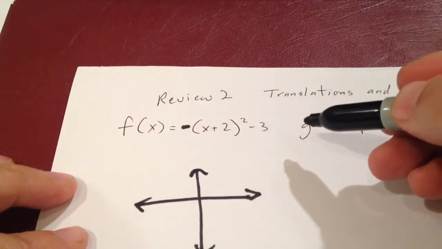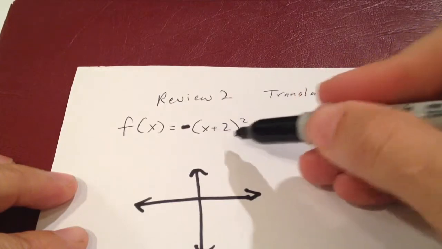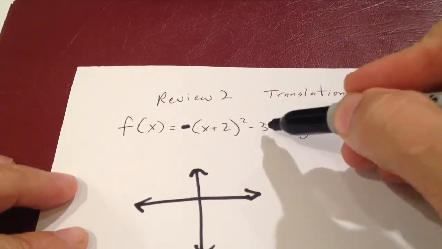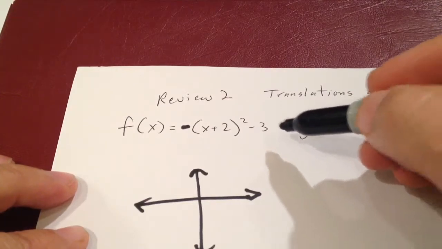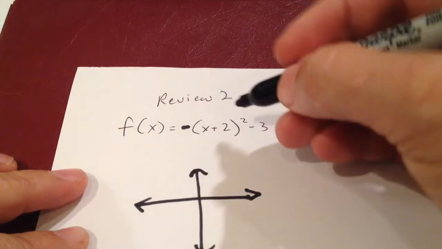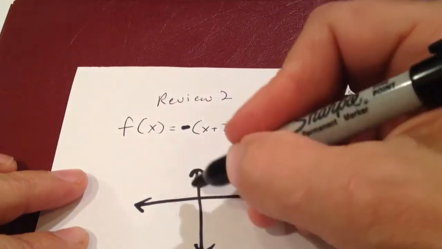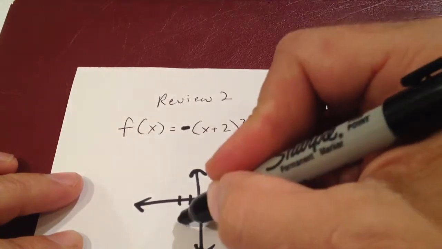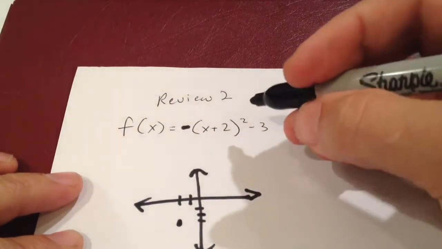And then our vertex is going to be at negative 2 because it works counterintuitively inside the function, and negative 3 on the outside of the function because I've just subtracted 3 from y. So negative 2, negative 3 is going to be about right here. And this is going to be upside down.